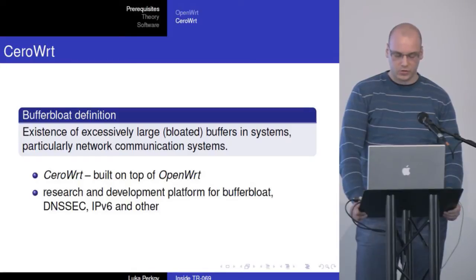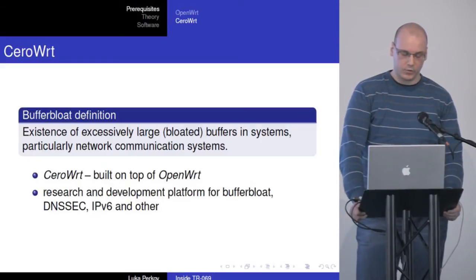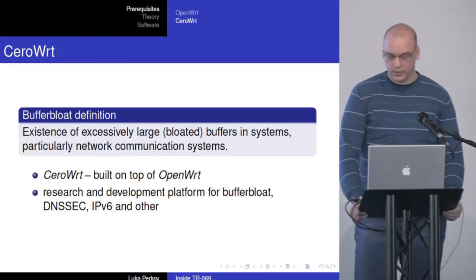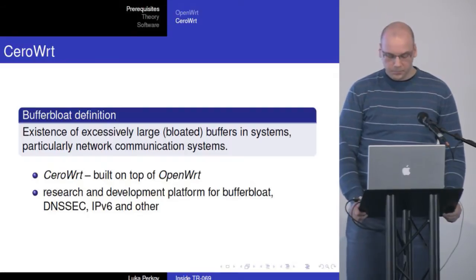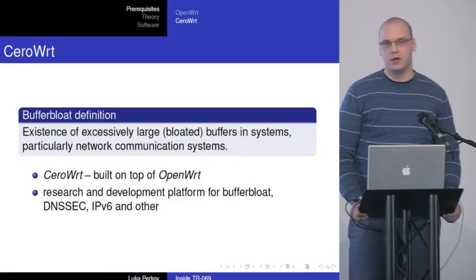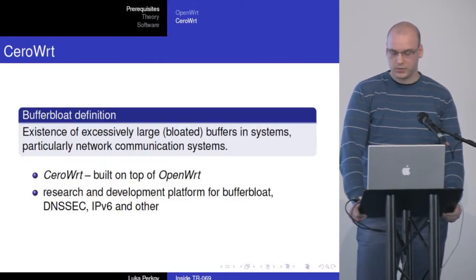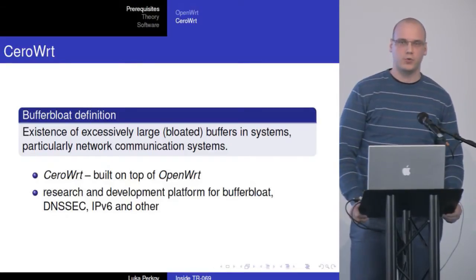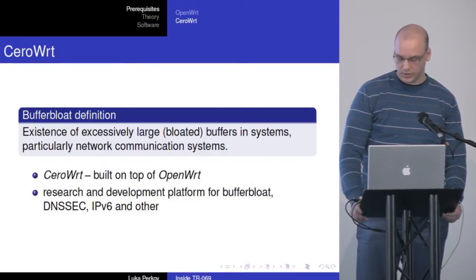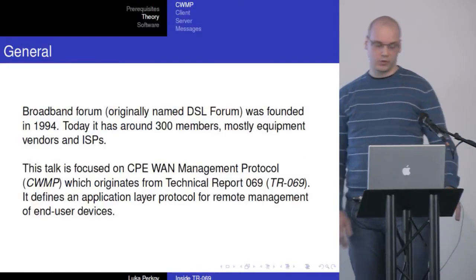They are trying to solve it using CoDel and other queue management protocols. They also do DNSSEC and IPv6 related projects. The good thing about forking is that you contribute back to the original project, and this is what CeroWRT is doing, and it's a really good thing.